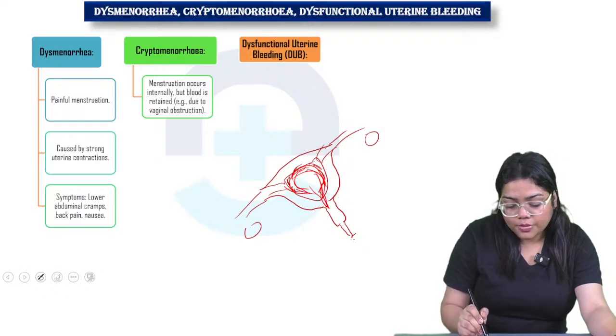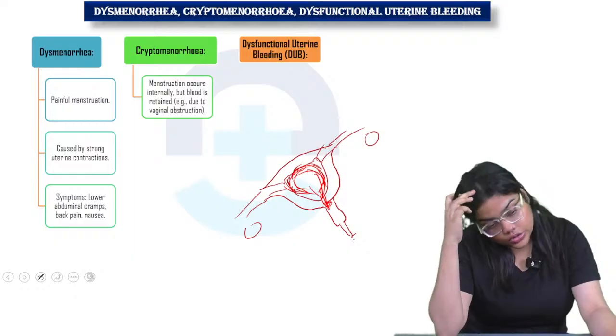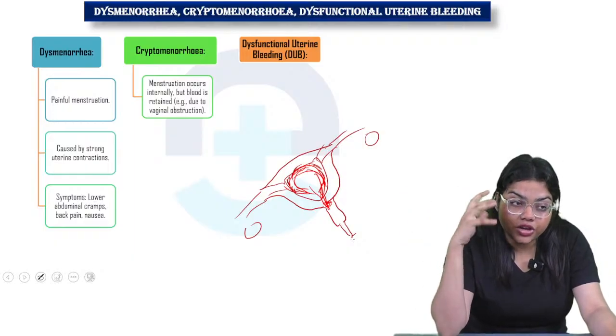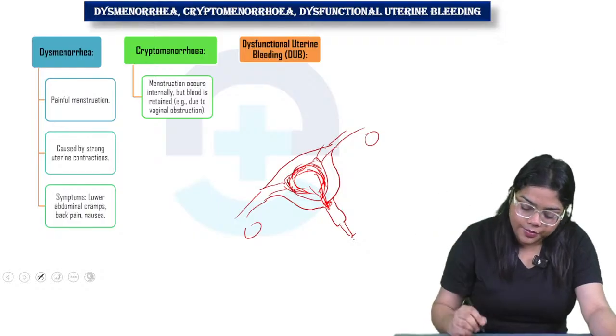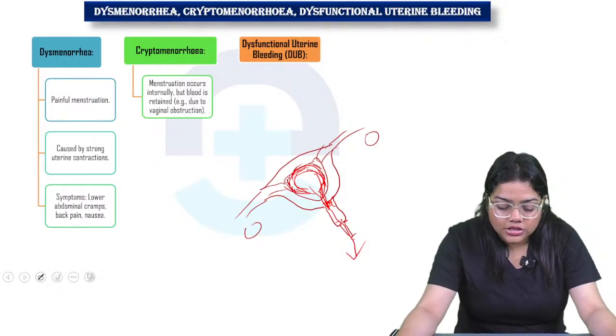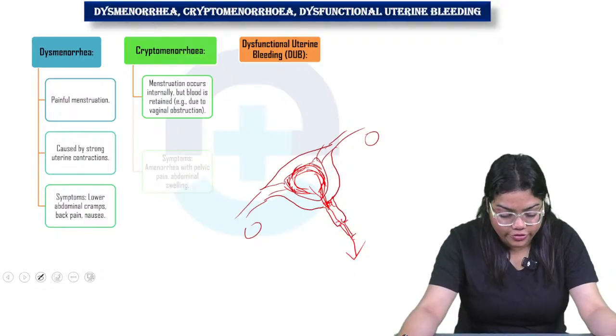But because of some obstruction, it can be because of a cancer or tumor over there, or any kind of infection or a plug in the cervix or vagina, sometimes the blood will not come out. Okay, due to vaginal obstruction, it is called cryptomenorrhea.